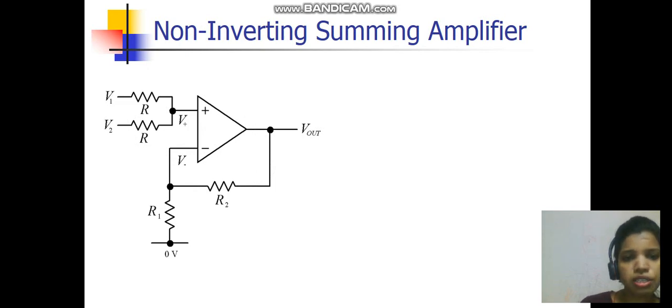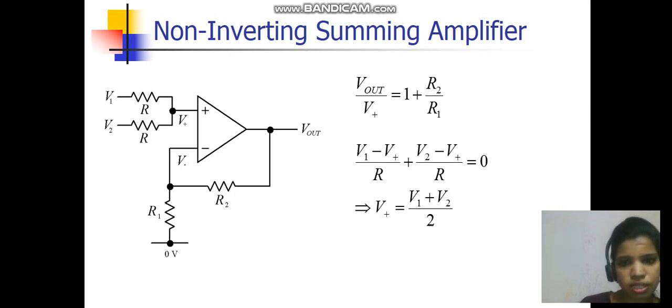Now the non-inverting summing amplifier means we have applied multiple inputs at the non-inverting terminal. So the method of solving is the same. We know very well V out upon V, for a non-inverting amplifier, the expression is 1 plus R2 upon R1. Now how to solve this? V positive. So V1 minus V positive upon R plus V2 minus V positive upon R equals 0.